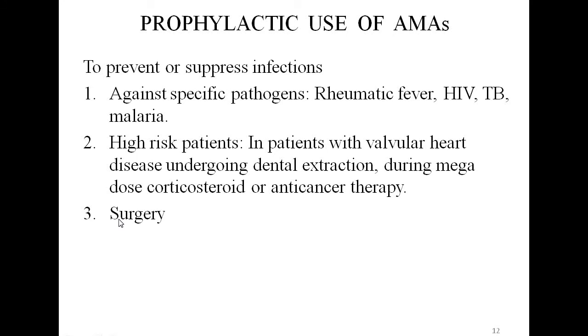Then prophylactic use of antibiotics is again used in surgeries, especially intra-abdominal surgeries, and in trauma, contaminated wounds. Now let's say a person meets with a road traffic accident, there are bruises, lacerations. Though the infection has not yet set in, the bacteria are already there in the victim's body. So to prevent them from causing an infection, prophylactic antibiotics are used.